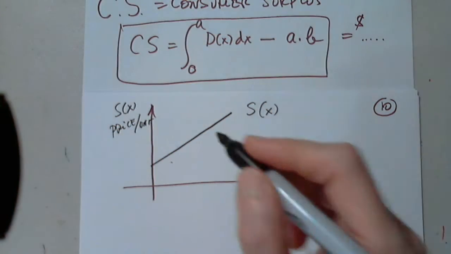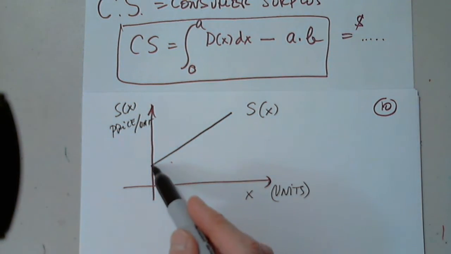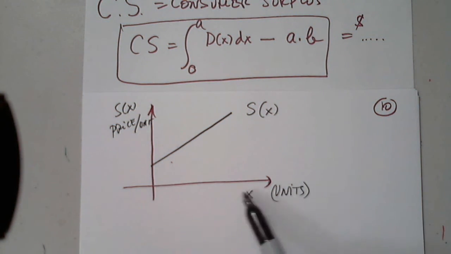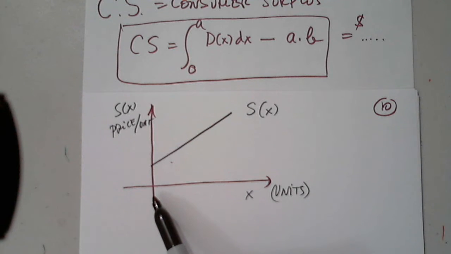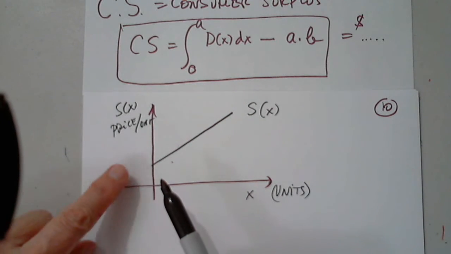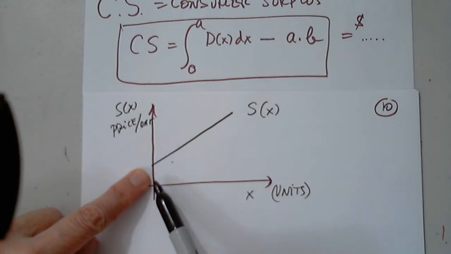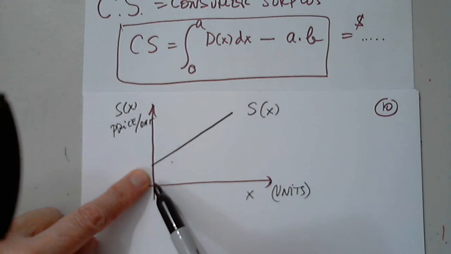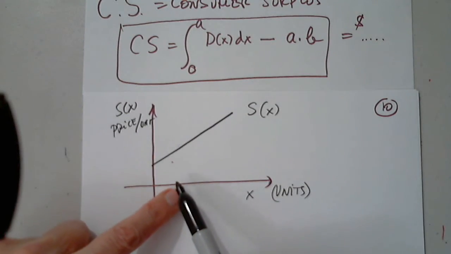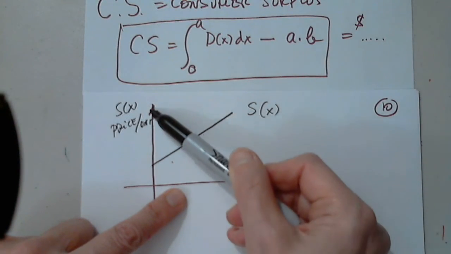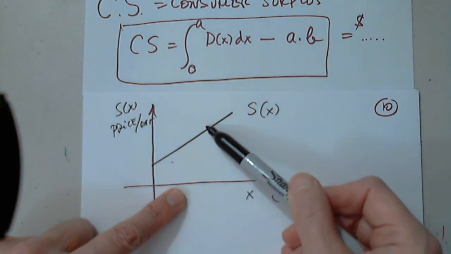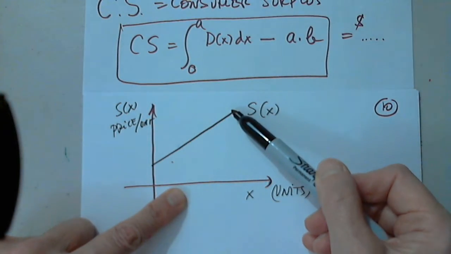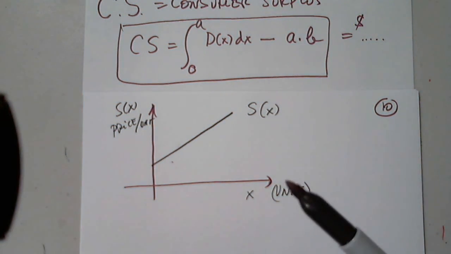Of course, when the price is low, they want to supply this number of units. But as price increases, they want to supply more. We can't afford to buy more, but that's a different story.